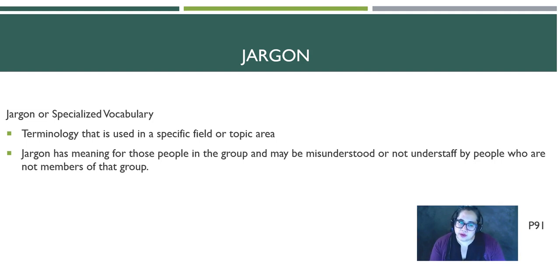I wanted to put both because you might see jargon in the future. As you see in the slide there, jargon may mean terminology used in a specific field or topic area. Jargon typically has meaning for the people in a specific group, but may be misunderstood or not understood by people who are not members of that group.